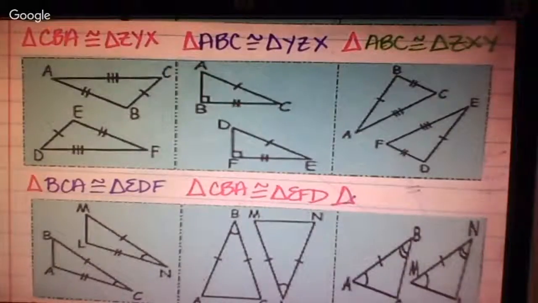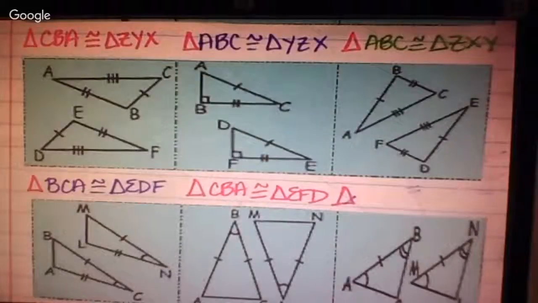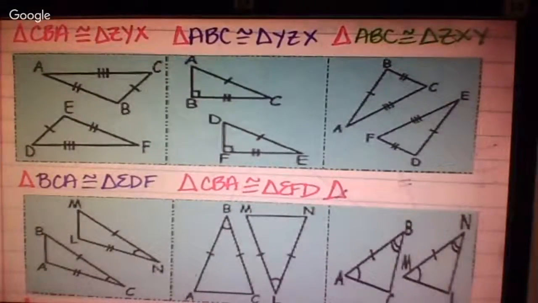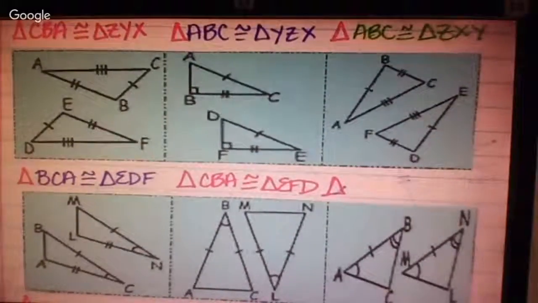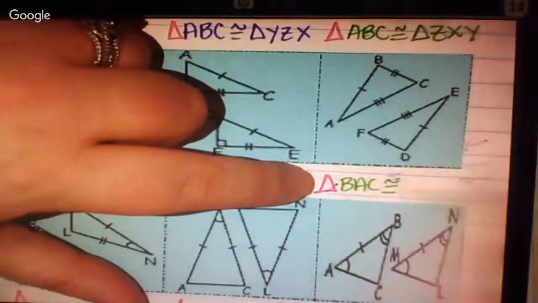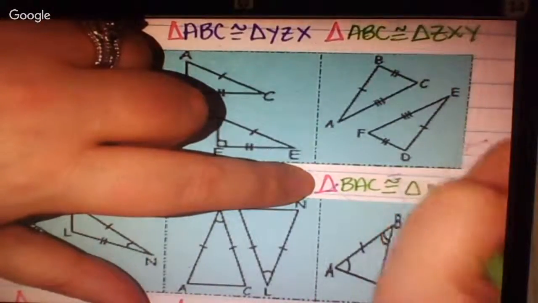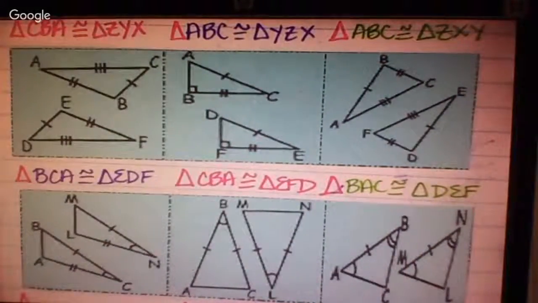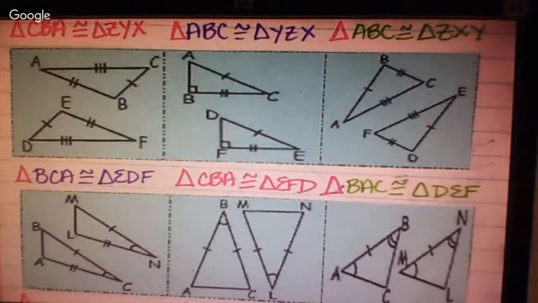Jackie, what you got for this one? I put ABC and element equals to element. Which one you want? We're on the ABC and FED one. Oh, this one? I put BAC. BAC is congruent to DEF. Perfect. Okay. Any questions on those three? Anything you need me to check for you?